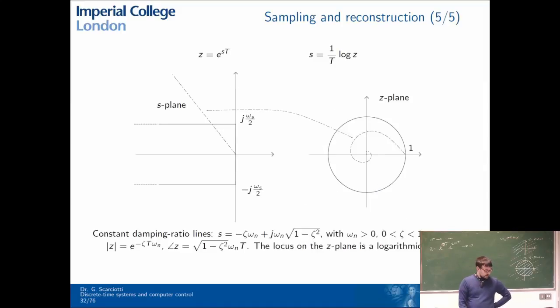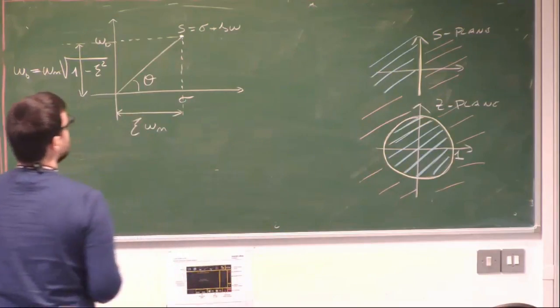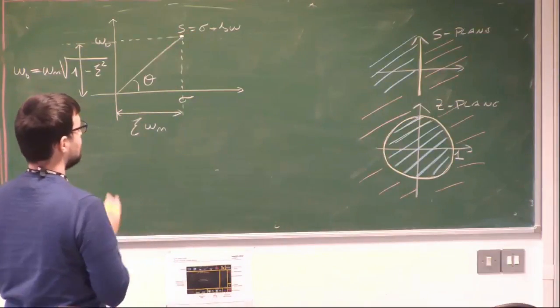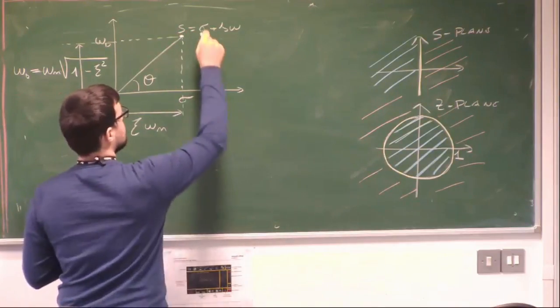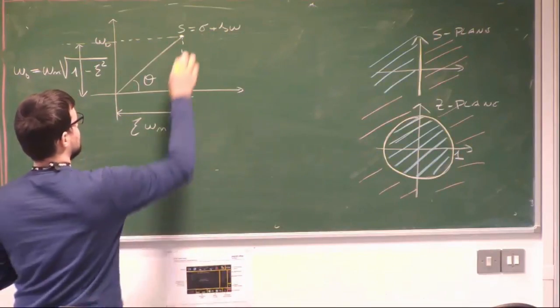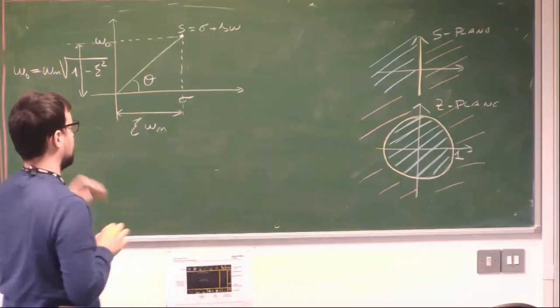This is basically the last characteristic that we look at, and it is the constant damping ratio line. To explain this, we need to use the board. So here we have the point S, and up to this point we parameterized the point S as sigma plus j omega. In this case, we want to parameterize this point using a different notation.